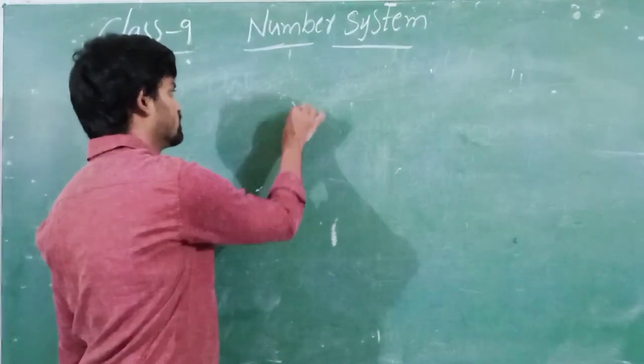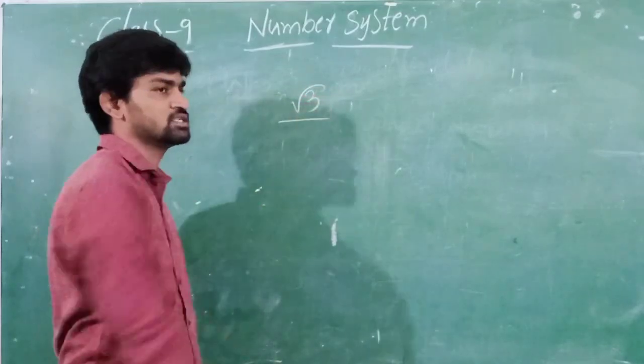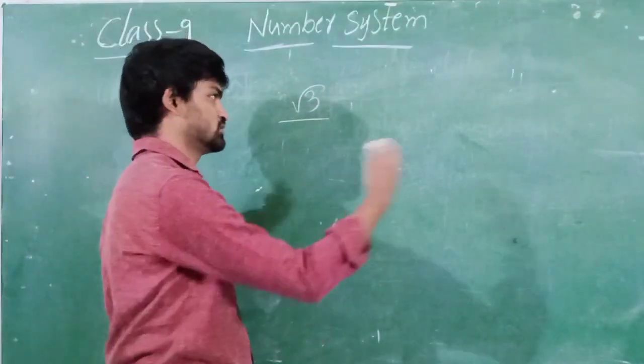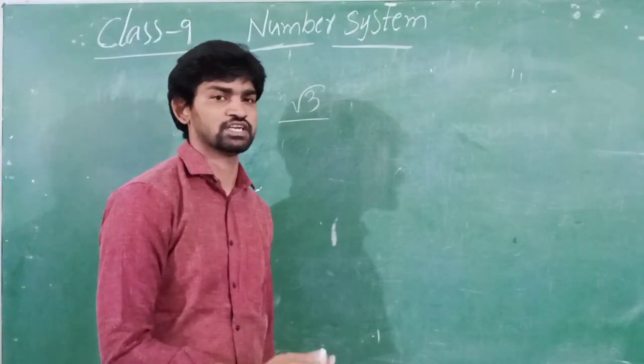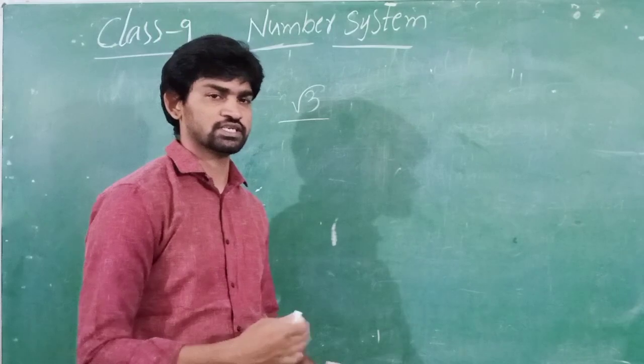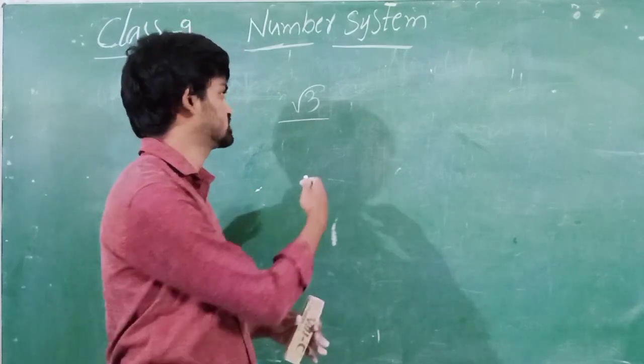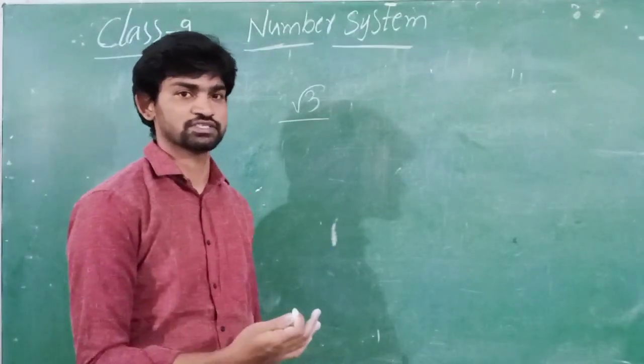I have an irrational number, root 3, and I want to convert this into a rational number. This process of converting is called rationalization.